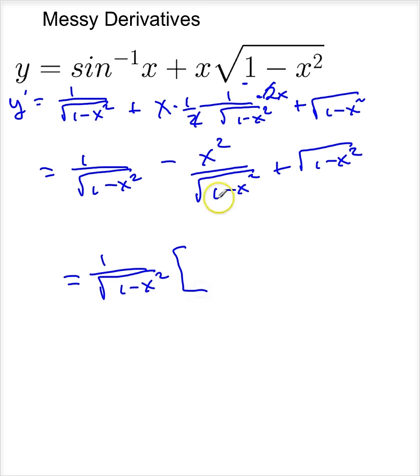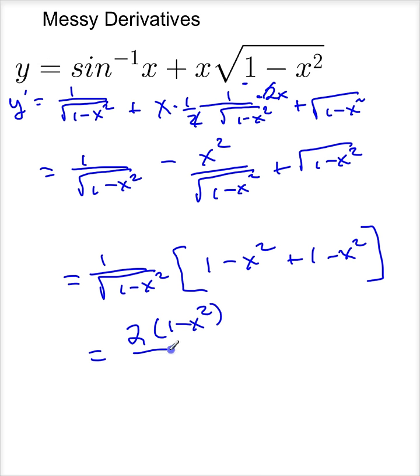So I'm going to factor it out. So this becomes 1 minus x squared plus 1 minus x squared. So this becomes 2 times 1 minus x squared divided by the square root of 1 minus x squared. Now you see how beautifully this simplifies. 2 times the square root of 1 minus x squared.